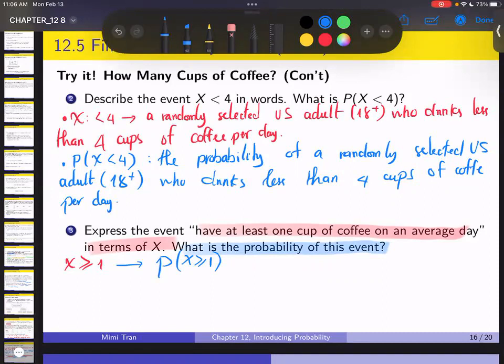Now, because this is a discrete probability, sometimes I call this a stick probability, because you can put it in sticks.